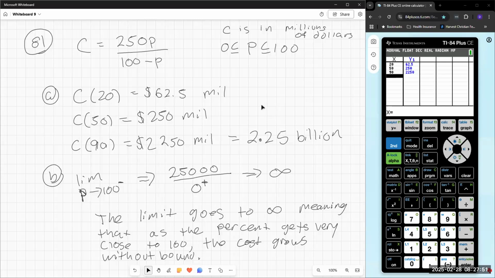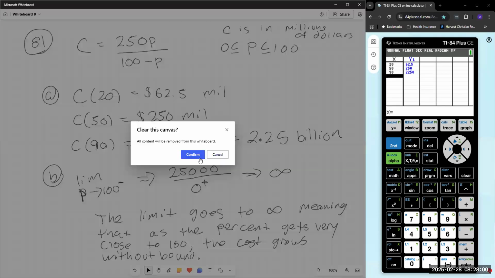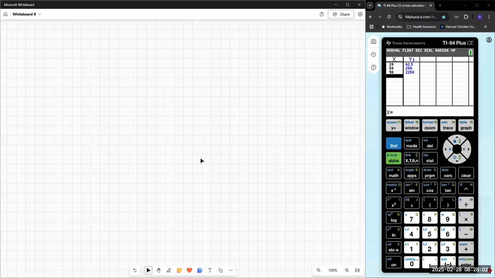All right. So let's move on to number 82. Similar problem, but now let's look at removing pollutants instead of removing drugs from the country. So this is a private company here.